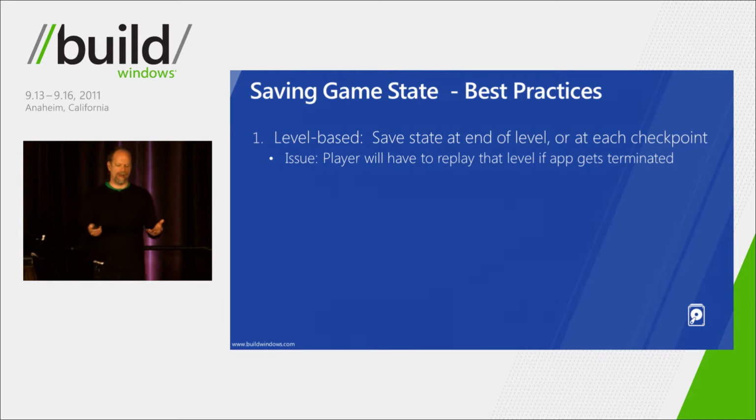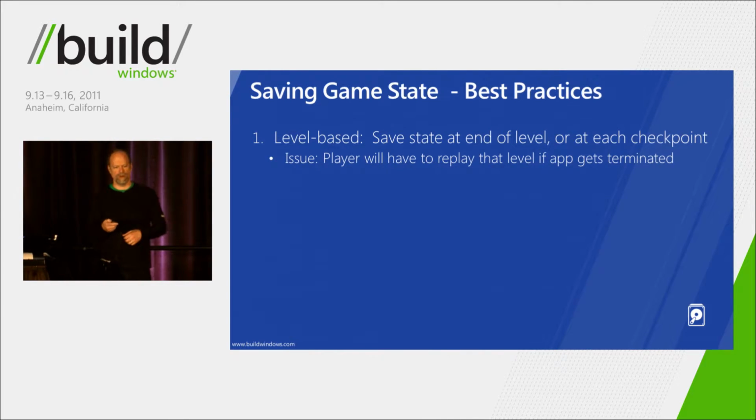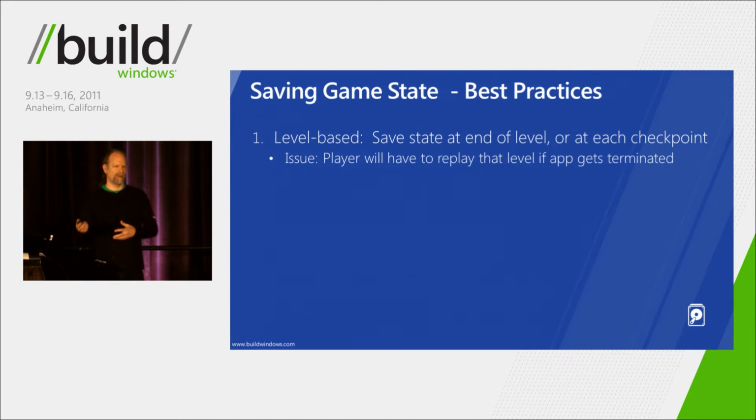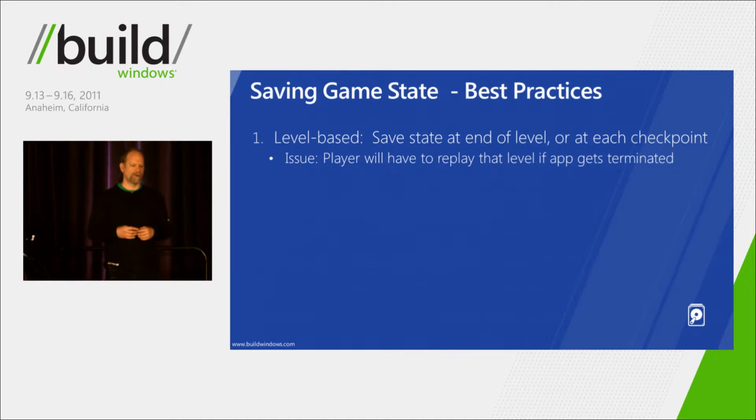And the problem with that is if I'm suspended, I'm fine, because I'll get back and I'll be wherever I was. But if I got terminated and I have to resume and my last save point was at the beginning of the level, that means that the player has to start over that level after a terminate. And this is bad because the objective of this platform is to not have users be aware of the difference between termination and suspended.